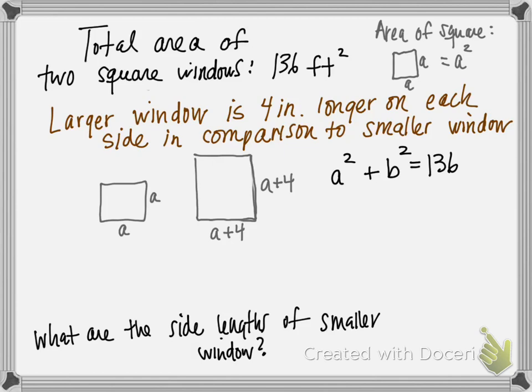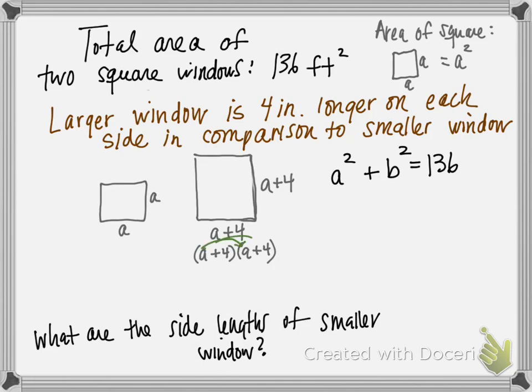So if I rewrite this equation now, instead of B squared, I could plug in my area in terms of A. So let's figure out what A plus 4 times A plus 4 is, so that I could plug it in right here for B squared. So I need to distribute here.